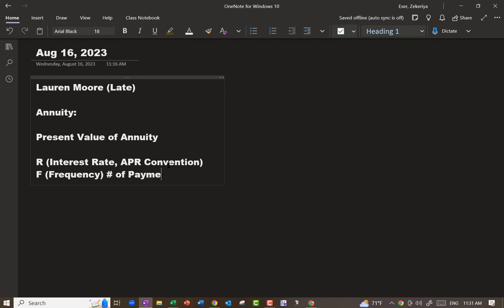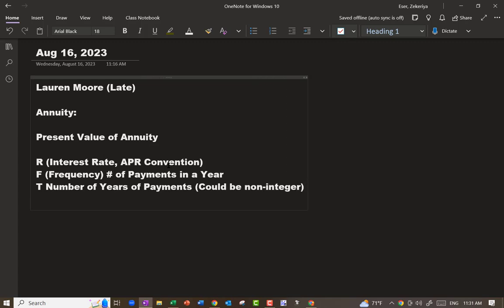So monthly it would be 12, quarterly 4, weekly 52, and so on and so forth. T is the number of years of payments, could be non-integer. $C is the periodic payment.